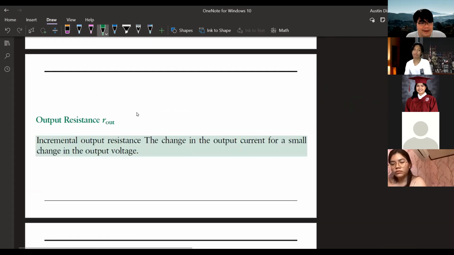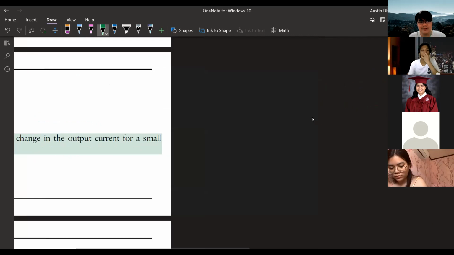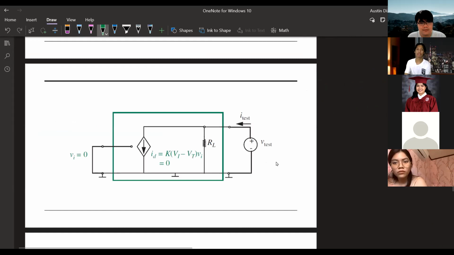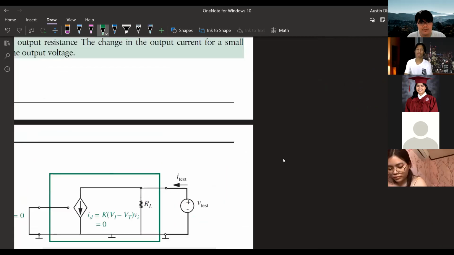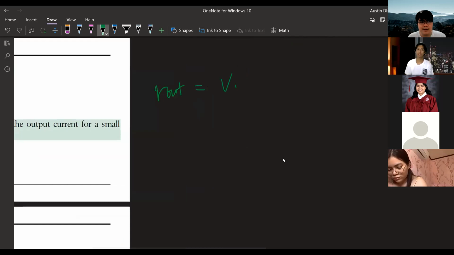Output resistance naman, change in the output current for a small change in the output voltage. So our R out is... V test pa rin, pero lalagay mo nga lang siya sa output terminals mo.